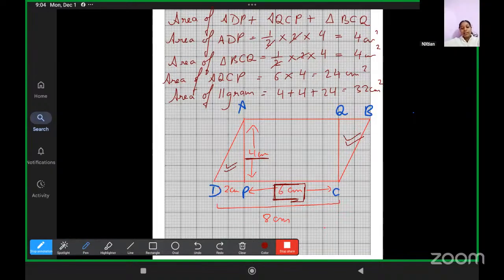Like I said, you have to count the number of boxes. 1, 2, 3, 4, 5, 6. So AQ is 6 centimeter. 7, 8. So AB is 8 centimeter because 8 boxes are there. Every box is 1 centimeter.